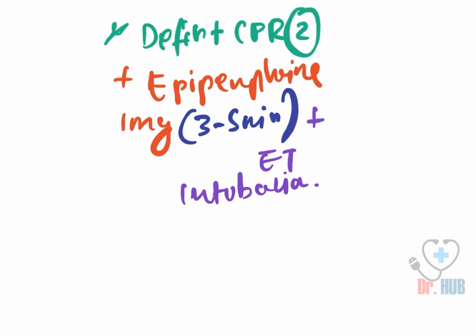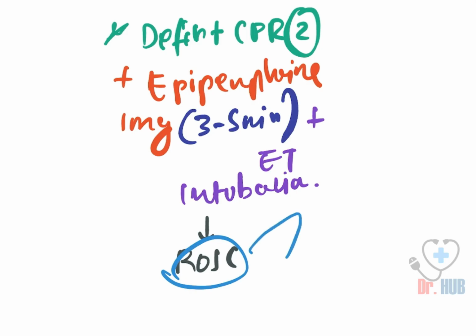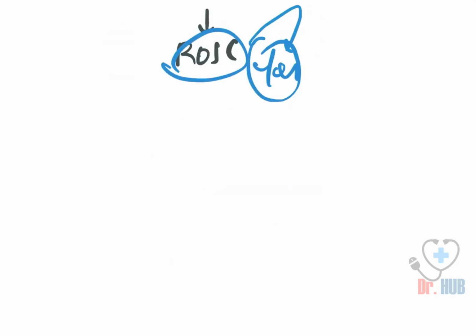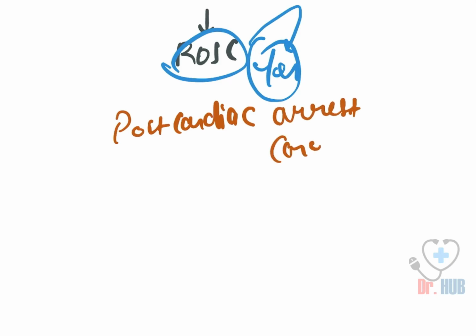Next, we again look for the ROSC, that is return of spontaneous circulation. In case the answer is yes, there is a return of spontaneous circulation, so we put the patient in post cardiac arrest care.